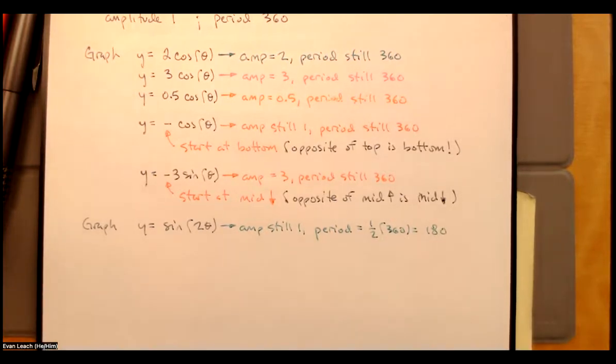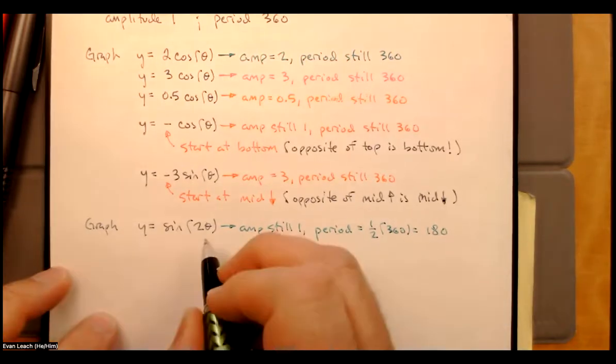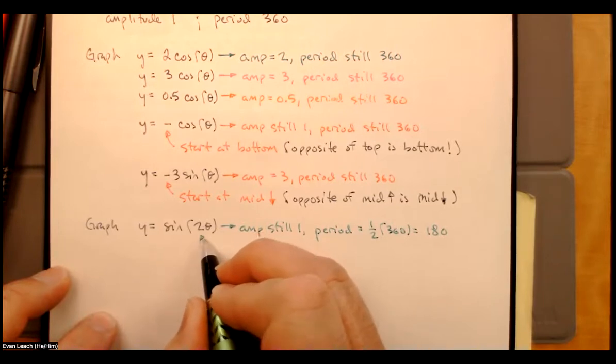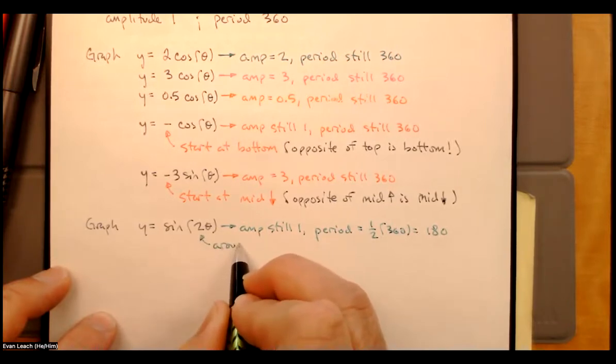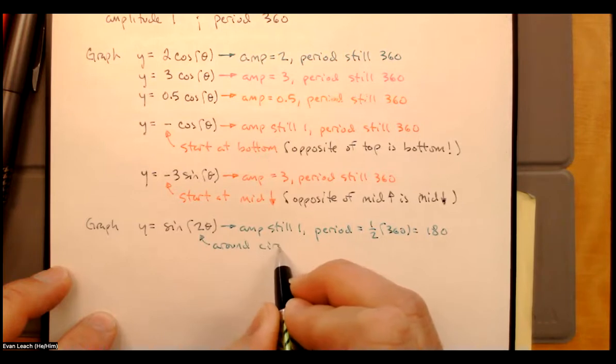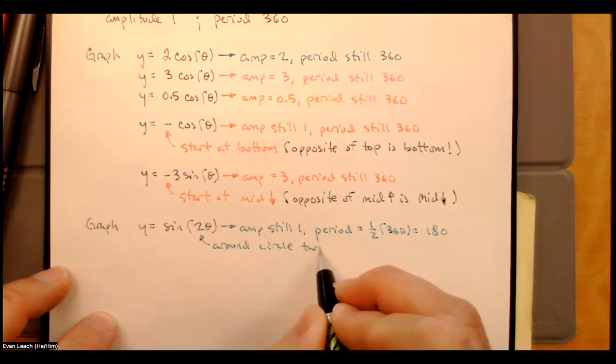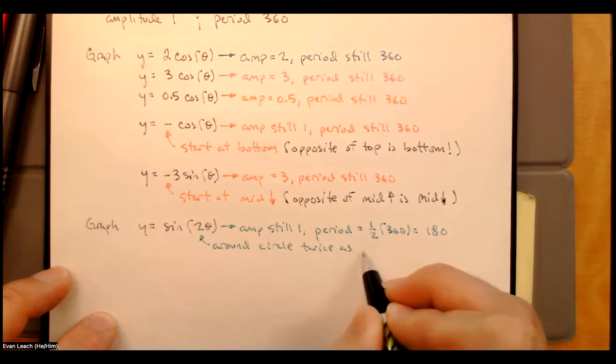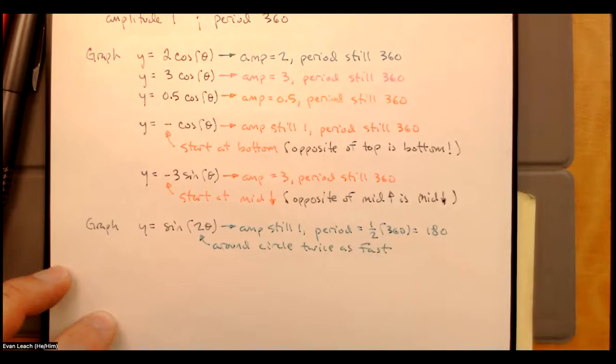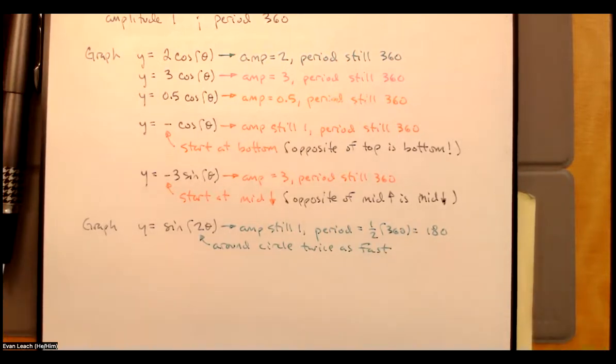We could think about the sine going through theta twice as fast. We go around the circle twice as fast.